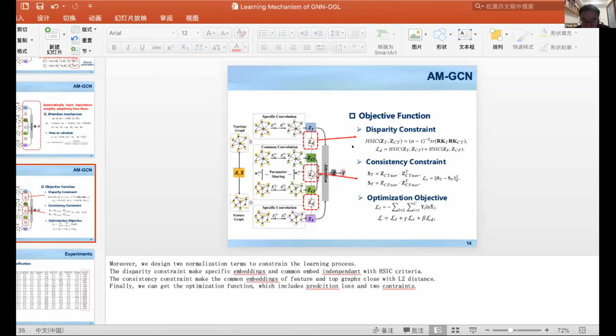Yeah. Minimize this objective. For example, minimize LC to make the ST and the SF close.